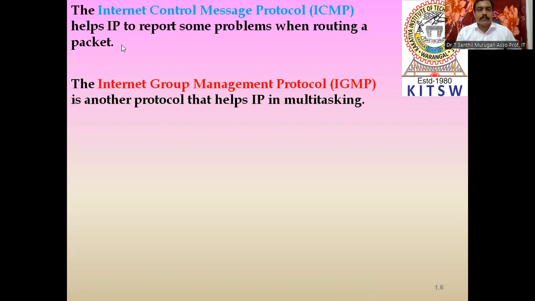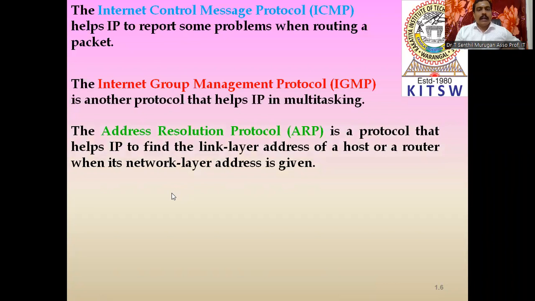Now next, the Address Resolution Protocol. In the network layer, the address resolution protocol is there. What is the use of this protocol? This protocol helps IP to find the link layer address. What is the link layer address?